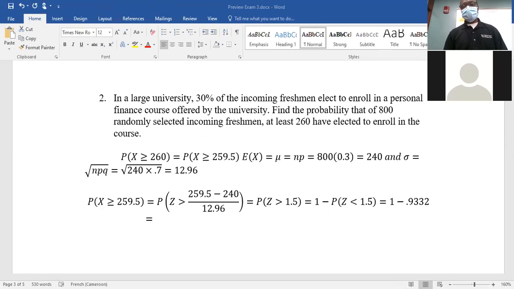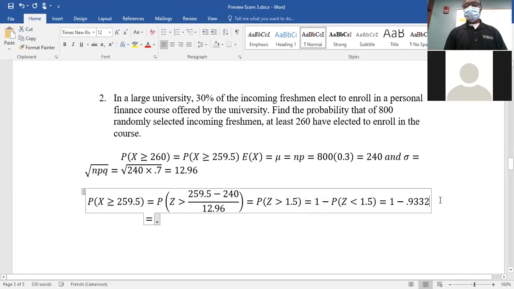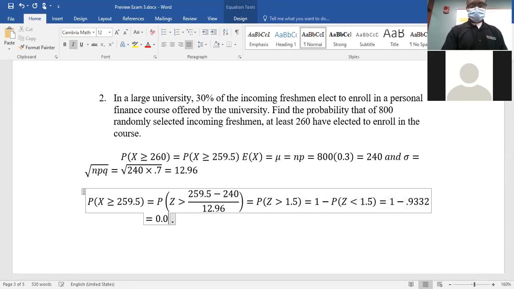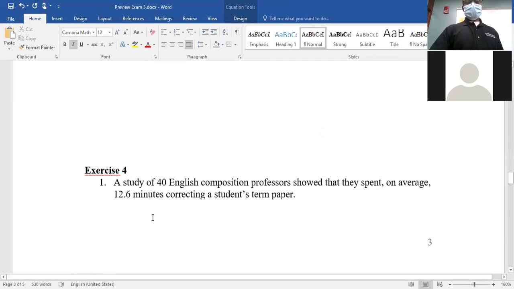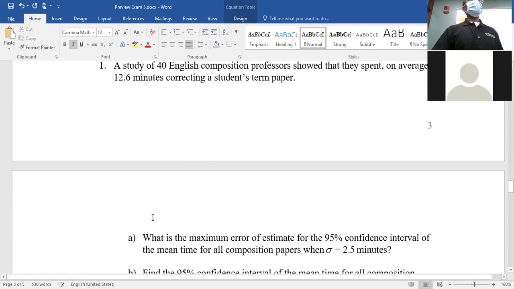So I should get 0.067. About that. We will not get the exact value when we are using the normal approximation. You see how close it is to the actual, because n was very large.